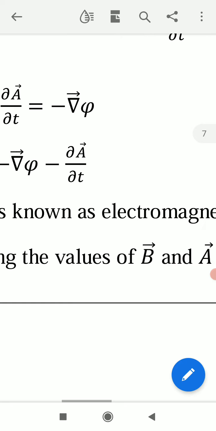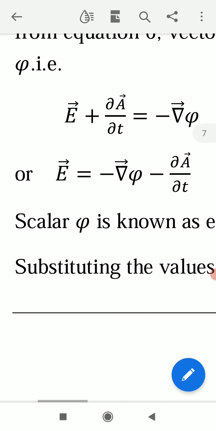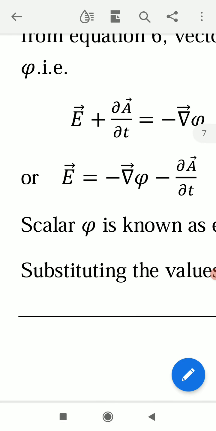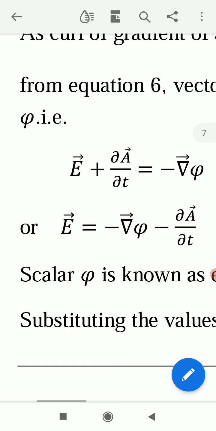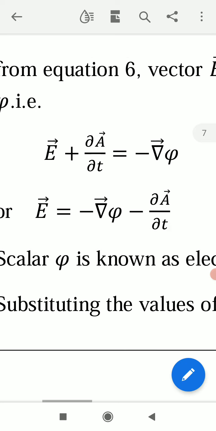Scalar phi is known as electromagnetic scalar potential. Electromagnetic scalar potential phi is related with E vector, the electric field. Phi and A vector both are related with E vector.